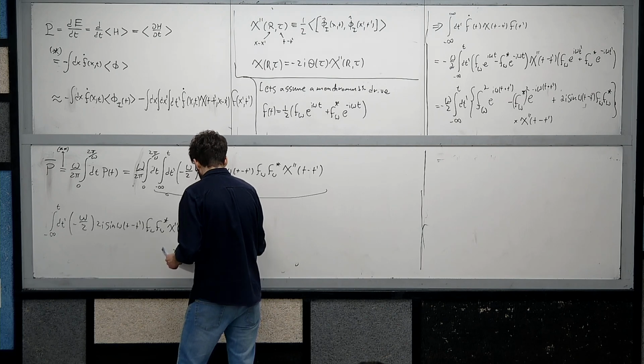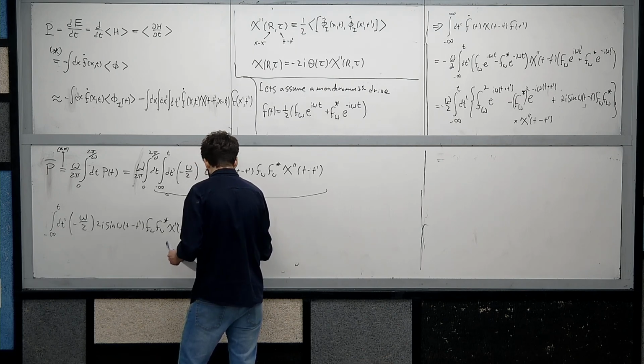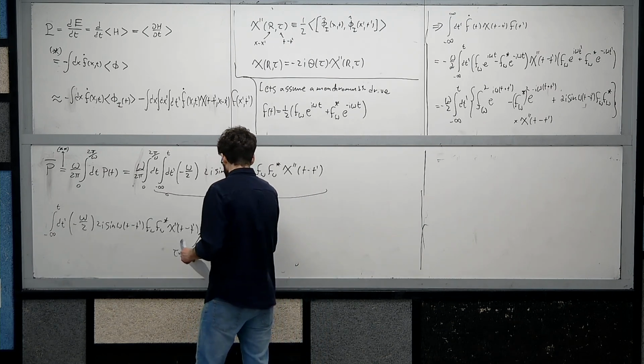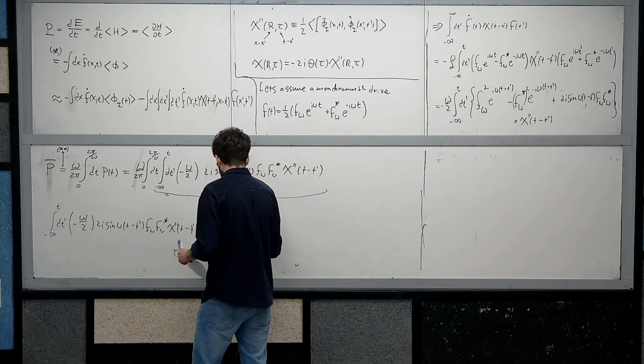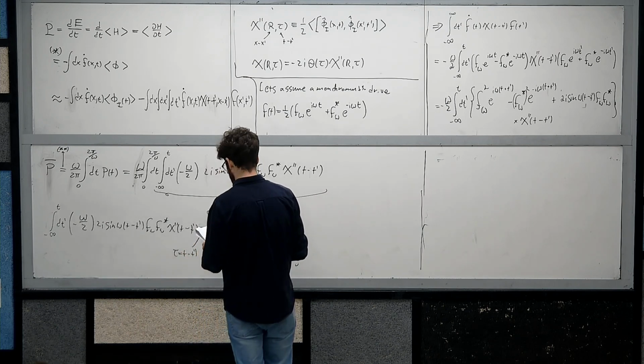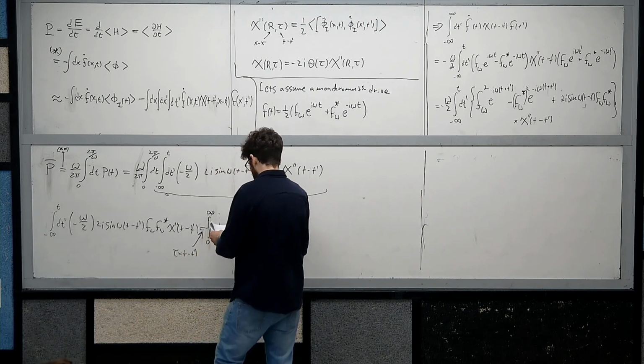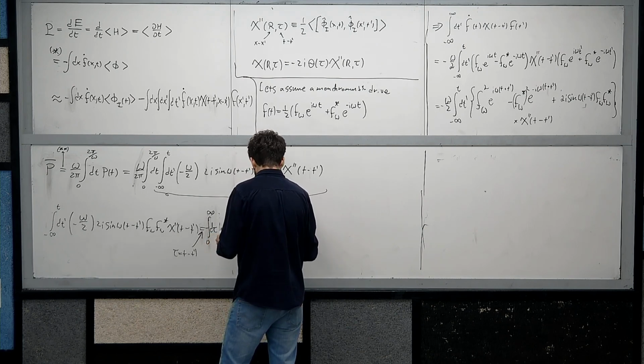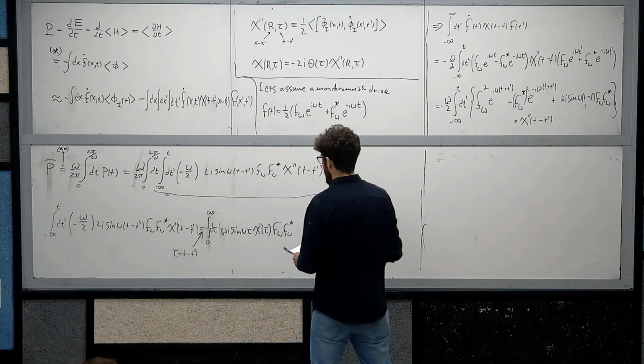The 2 and the omega cancel, so let's just write omega. Then we have I sine of omega tau chi double prime of tau f omega star. Okay.